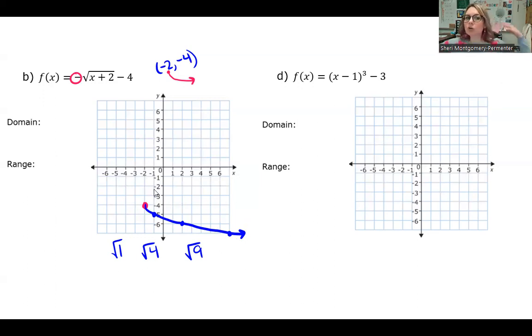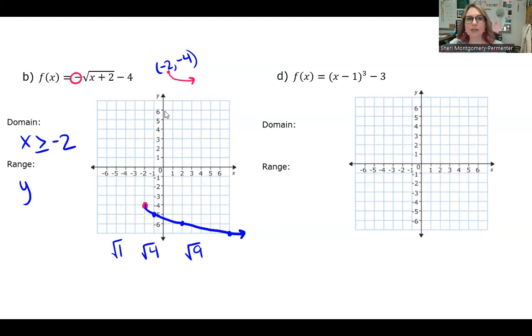For this one, I don't go on forever left and right or up or down. So we have to figure out, we've got X goes with domain and range goes with Y. We start with that. For my domain, you look at the x-axis, I start at -2 and my graph goes on forever that direction. So my X is bigger than or equal to -2.